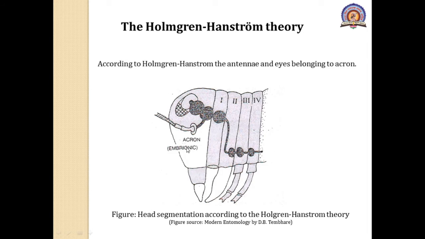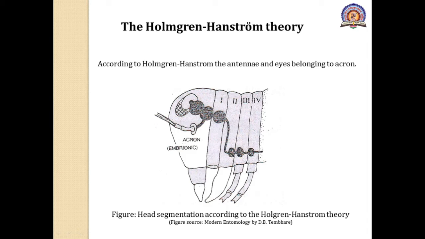Means, as with the previous theory we have learned, there is no existence of the pre-antennal and so-called antennal segment, and all these parts they have isolated as a part of the acron, and hence according to this theory, the first segment starts with the intercalary segment.